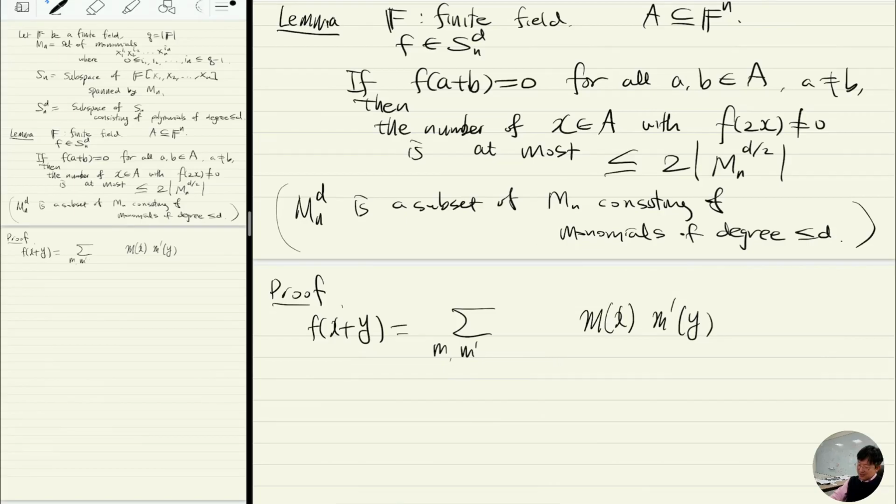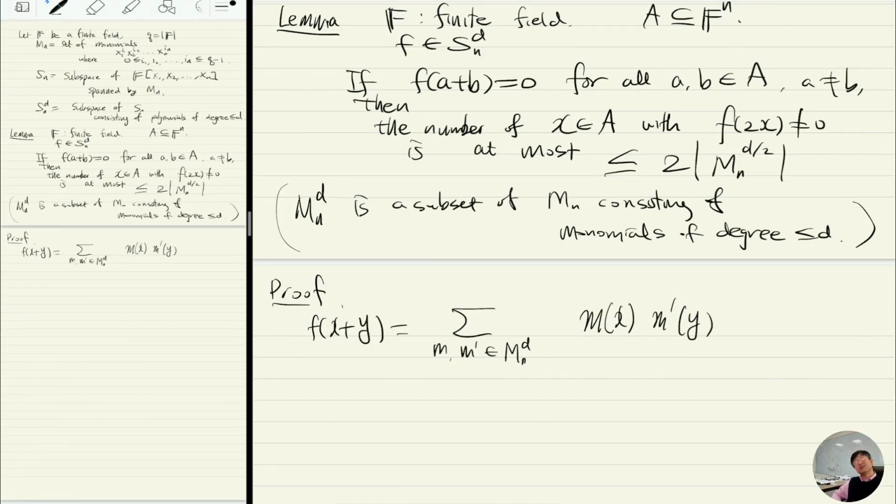Let me just say these are the monomials in M and D, right? And there are some coefficients, but let's not worry too much about coefficients.